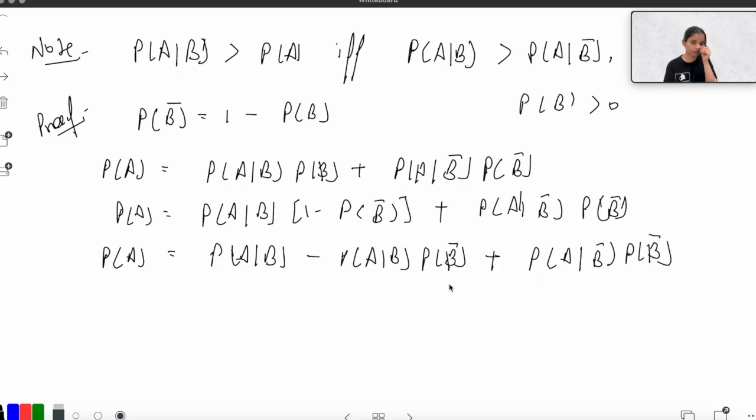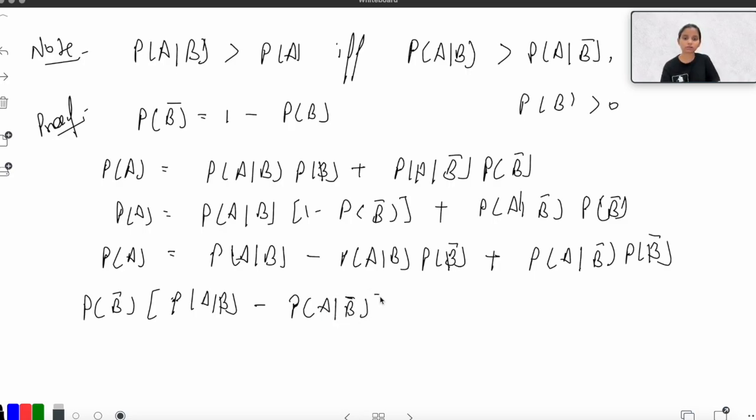Taking common the terms of probability of B bar, that would be probability of B bar times the quantity probability of A given B minus probability of A given B bar, equals, transferring terms, probability of A given B minus probability of A.